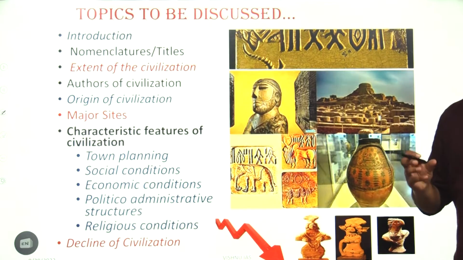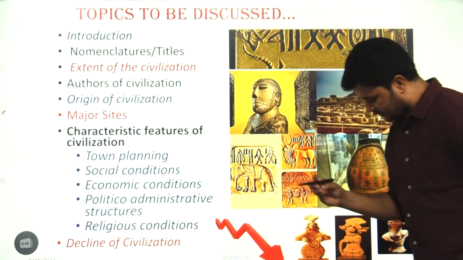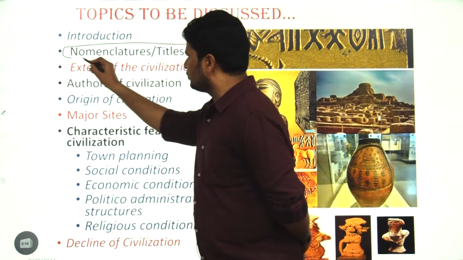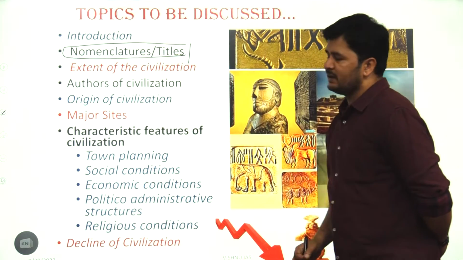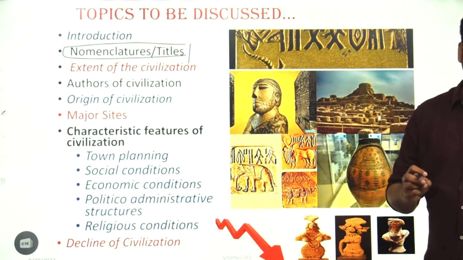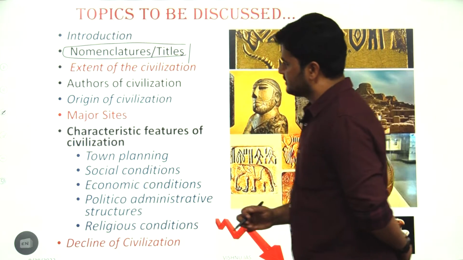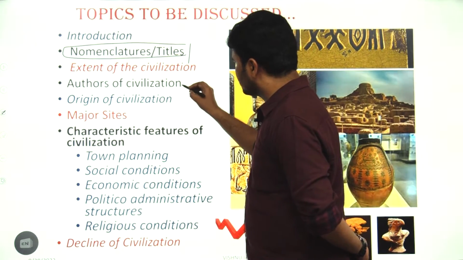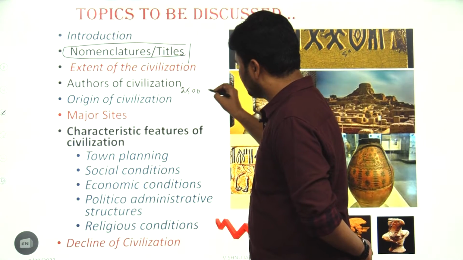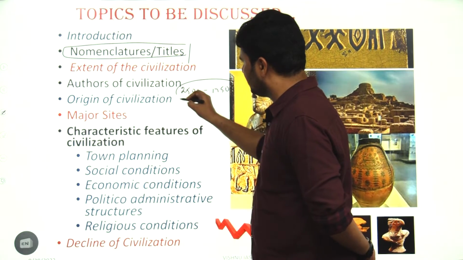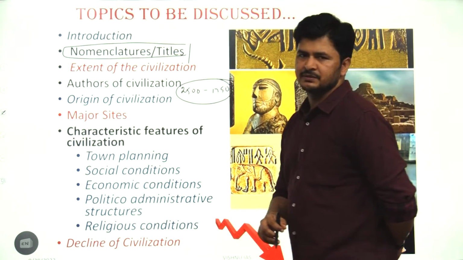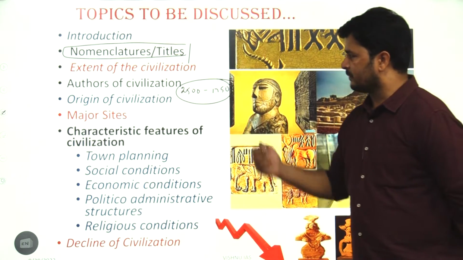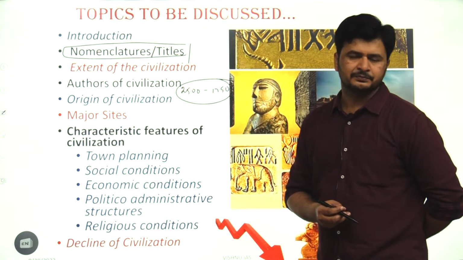Fine, when we understand the summary of the syllabus, the chapter called Indus Valley civilization, we are going to understand why the civilization which flourished between 2500 BC to 1750 BC had many titles, followed by boundaries of the civilization.